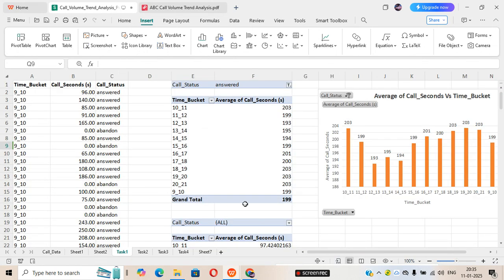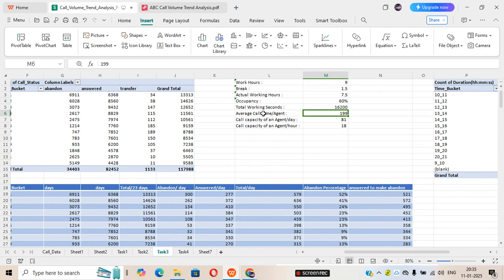After that we got average call time for an agent in task 1, which is average call and answer is 199. We got this by task 1. So the average call time is 199. Call capacity of an agent per day is 81. How we got this is by dividing total working seconds by average call time.